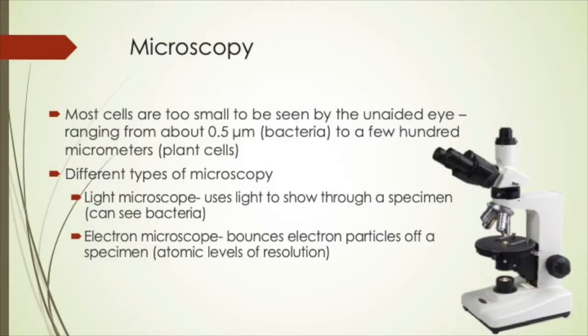So how do we see cells? This is through microscopy. Most cells are too small to see, right? There's a very small number of cells that you can see, because they're really, really big. But most cells you have to look at through a microscope.